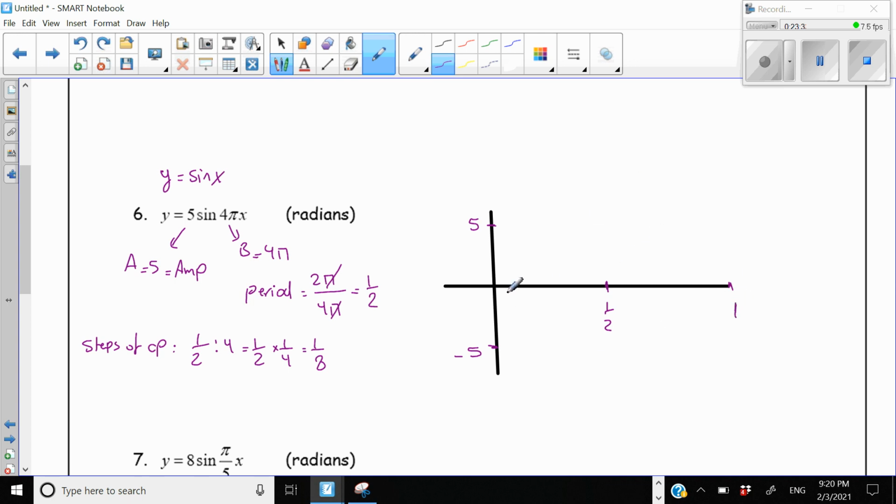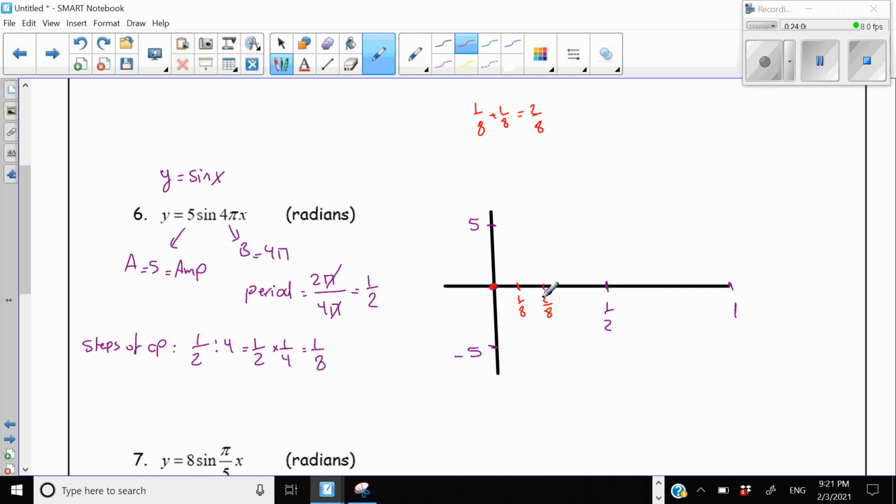Okay. Now how do I find the critical points? Start with 0. Add 1/8 to that. So that's the first point, 1/8. Next, add 1/8 to this one. So it's 1/8 plus 1/8, which is 2/8. 2 over 8.